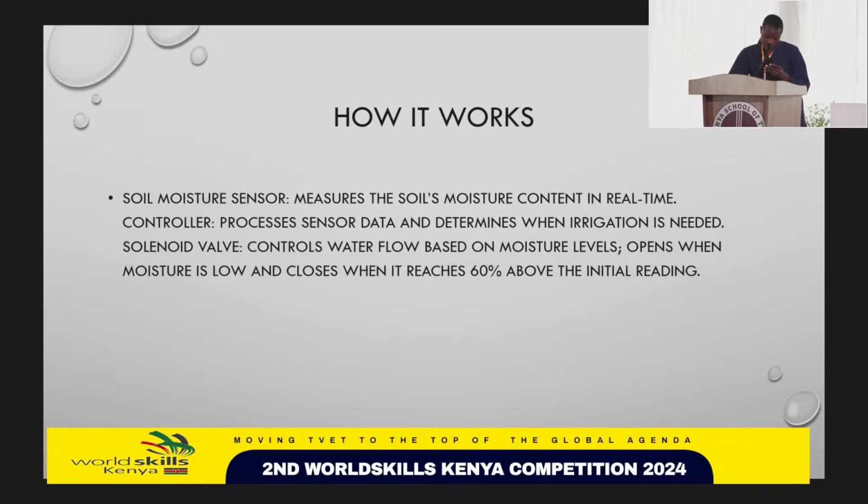The soil moisture sensor senses in real time, and the controller processes that sensor data and determines when irrigation is needed. Again, this innovation uses a pressure head instead of pumps.